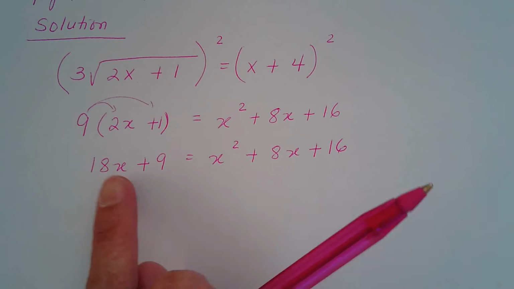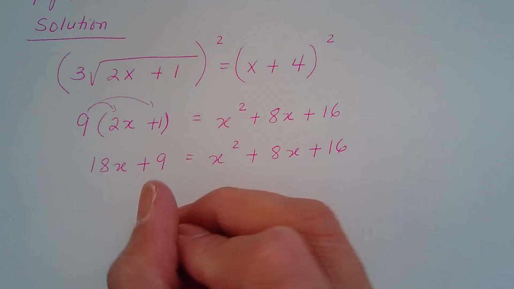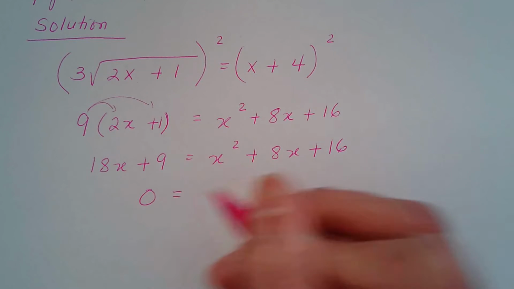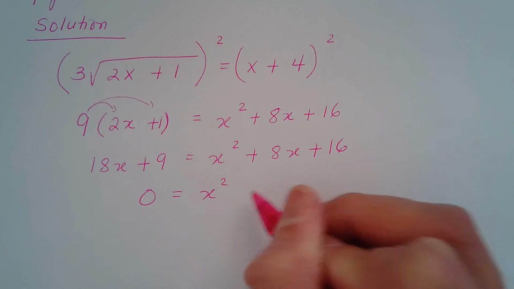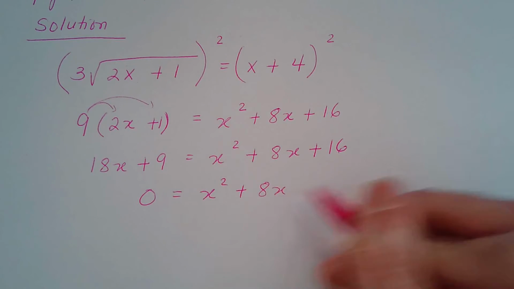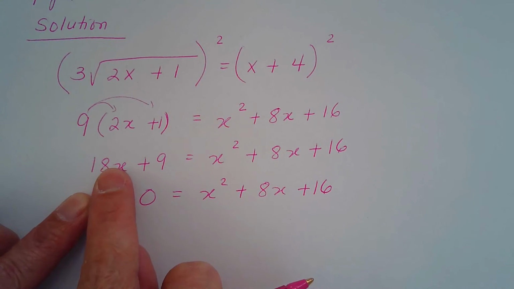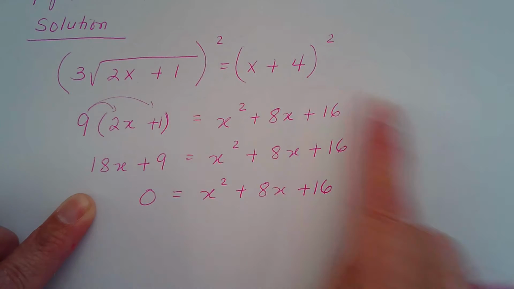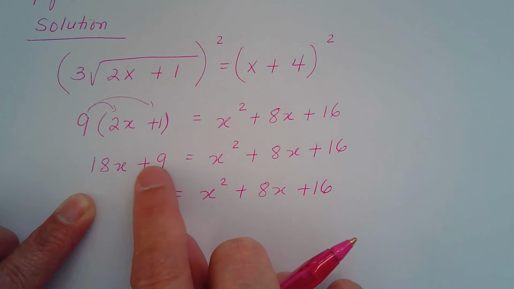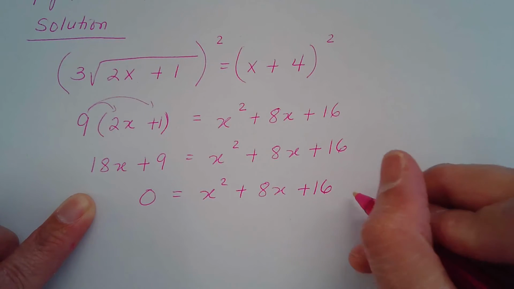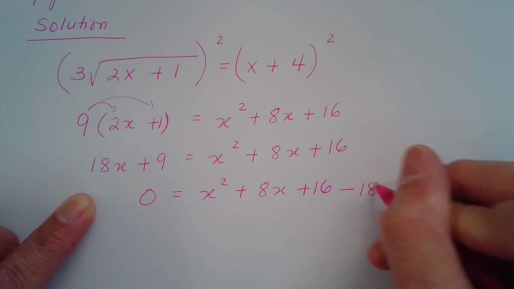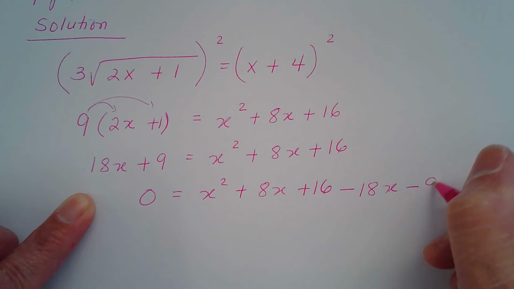Okay, so bring everything on one side. So that becomes 0 equals x squared plus 8x plus 16. I'm showing all my work here. And then bring the 18x to the other side of the equation, and then the 9 to the other side of the equation. So that makes it negative 18x and then minus 9.